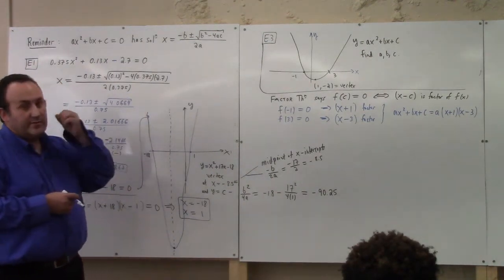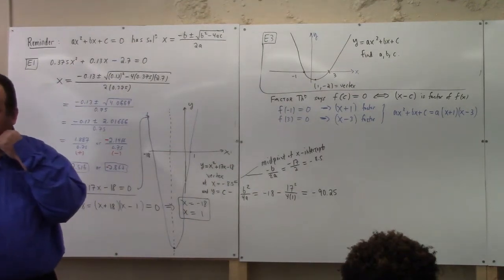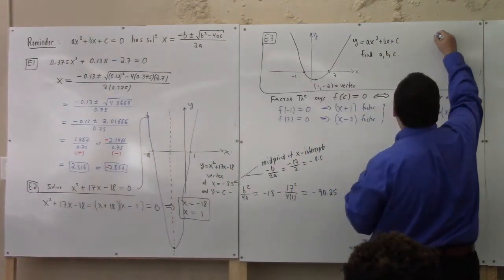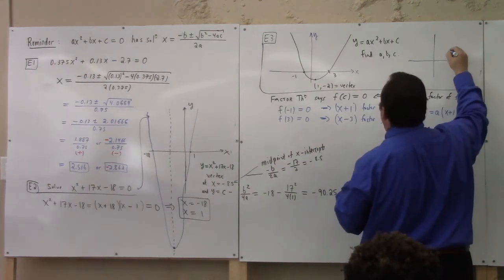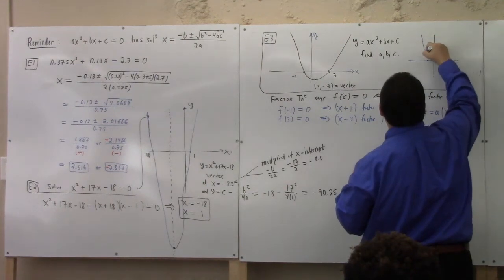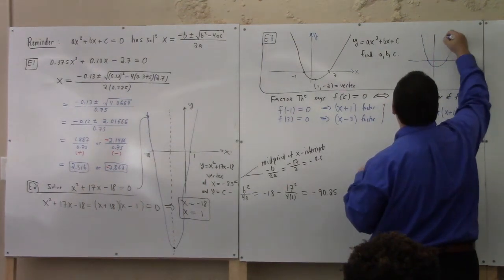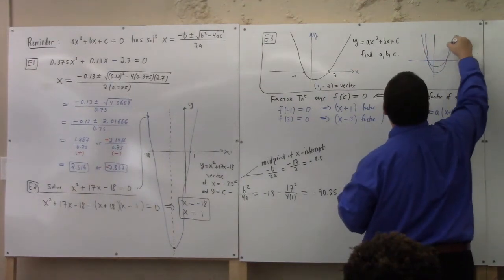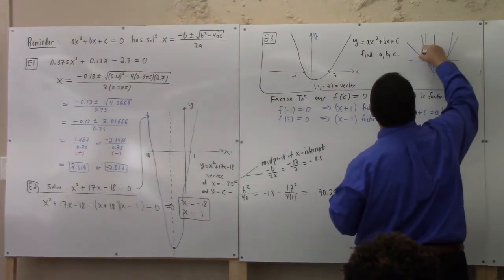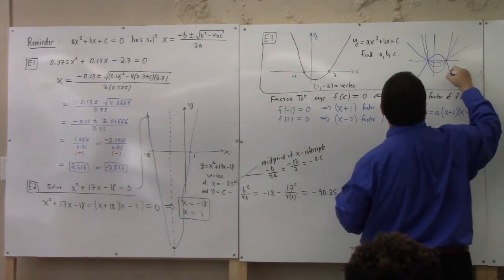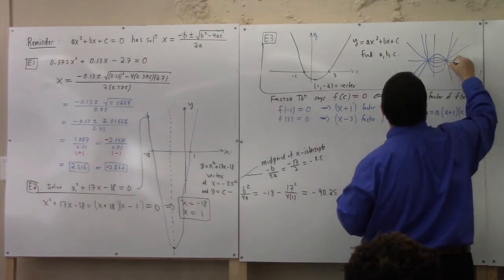Is that the only parabola with x-intercepts minus 1 and 3? It's not, right? I'll draw it over here, not to clutter my picture. If you think about minus 1 and 3, and what parabolas have those as x-intercepts, well, there are many parabolas which have them.